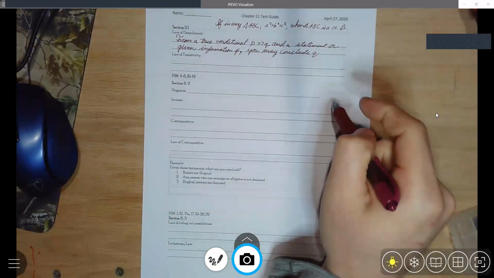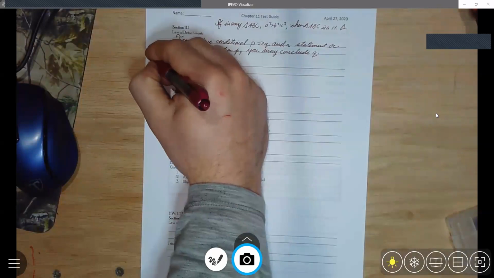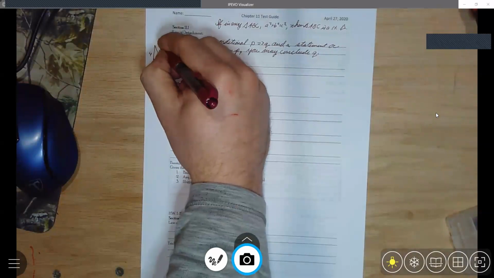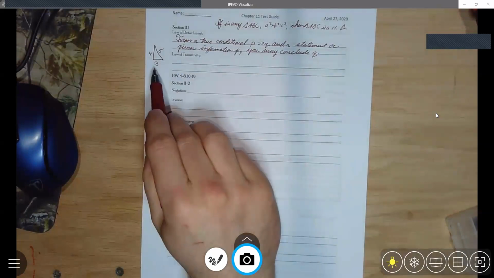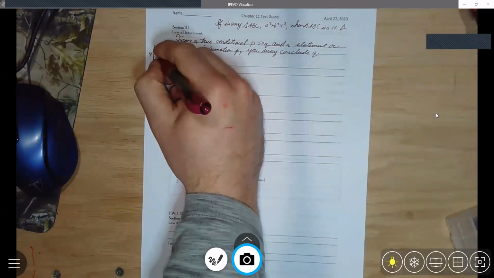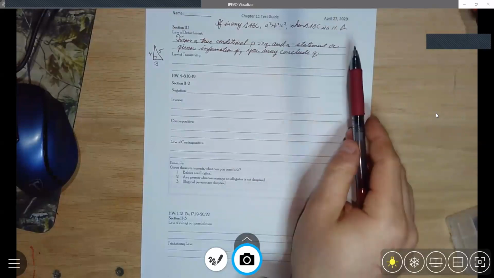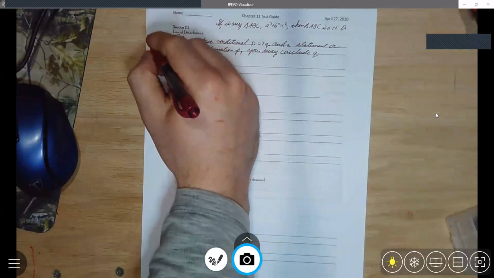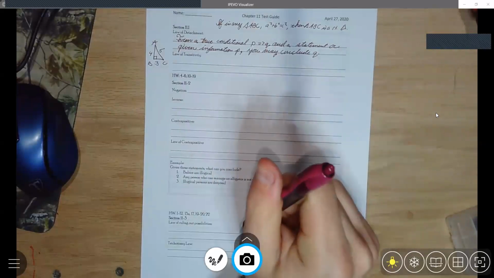Means there's no counterexamples. And if you were given a triangle, so let's say I gave you a triangle, and you got sides 3, 4, and 5, so it's a Pythagorean triple. And so you know that a squared plus b squared equals c squared, 9 plus 16 is 25. Then you can conclude this has to be a right triangle. So that's what this is saying. This is just the basic of the basics. You got a true conditional, you know P is true, statement P. You got a triangle ABC where this is true, then it must be a right triangle.